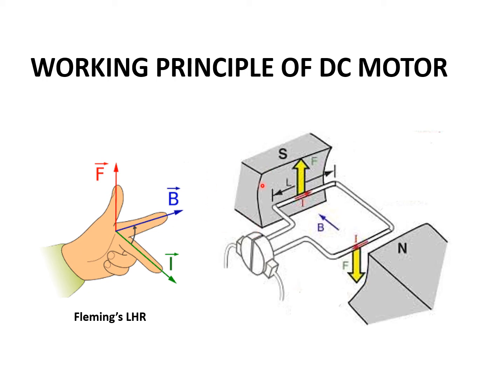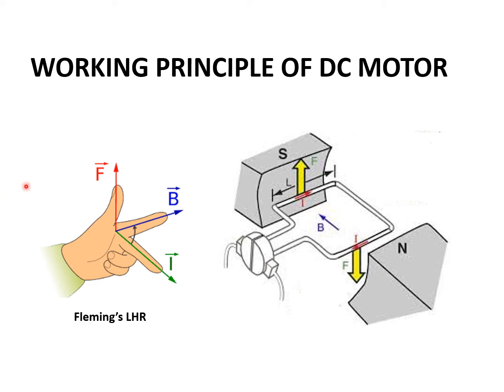So in a DC motor, we can apply Fleming's left-hand rule here. The direction of current is this. You place the center finger in that direction, and this is the flux from north to south, the forefinger.